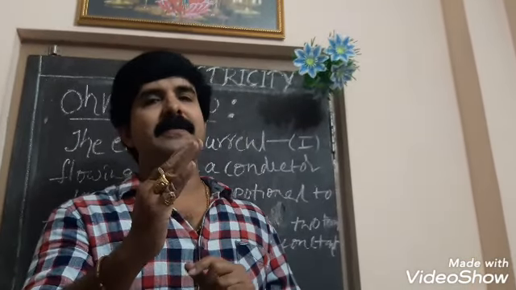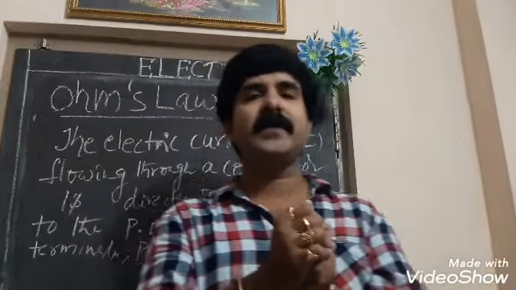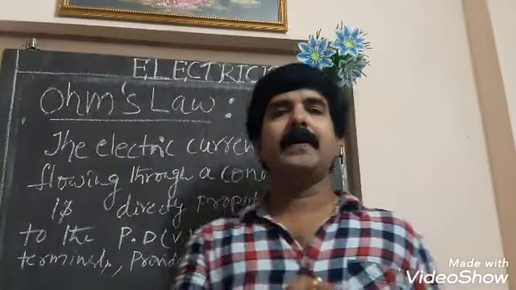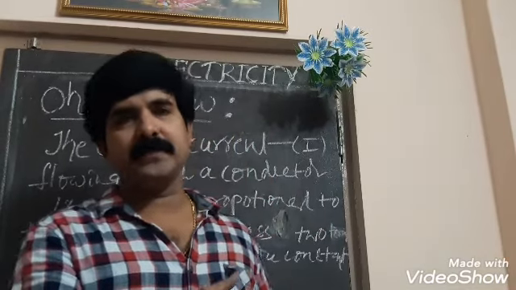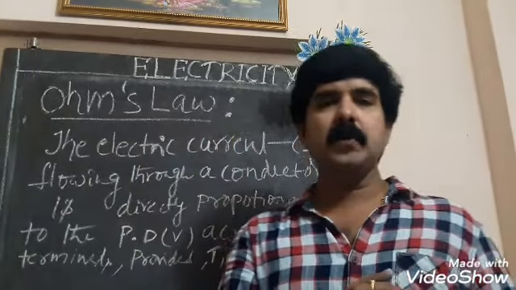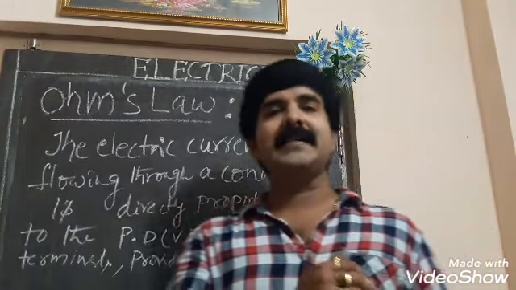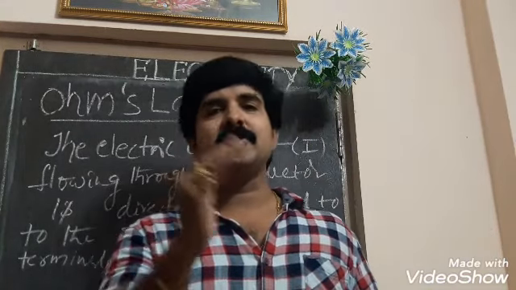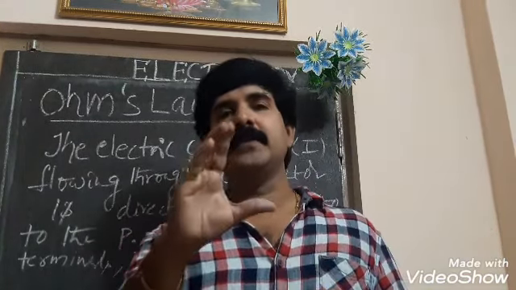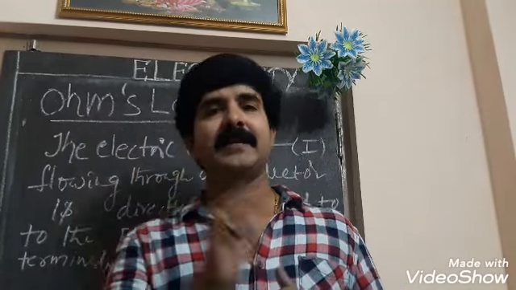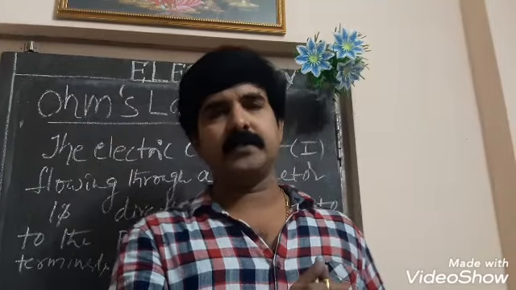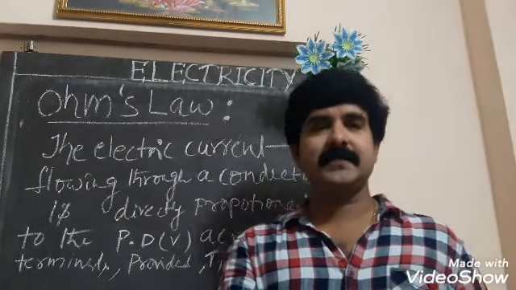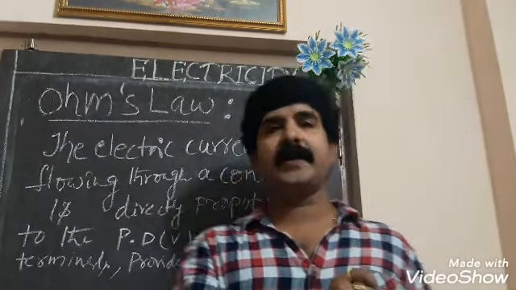It just establishes a relation between V and I. V is nothing but PD, potential difference, and I is current. Ohm is a scientist who defined the relationship between voltage and current.